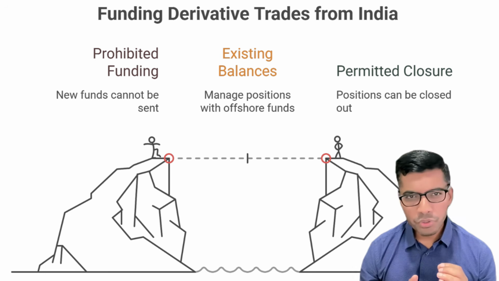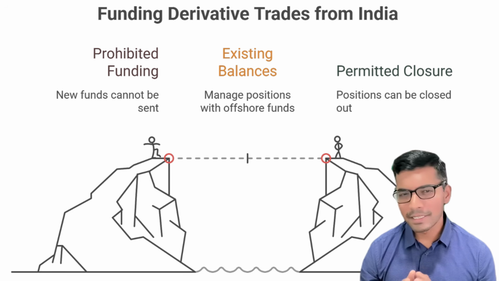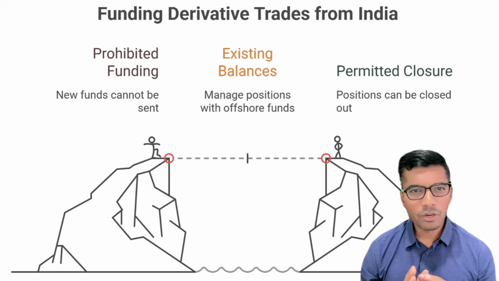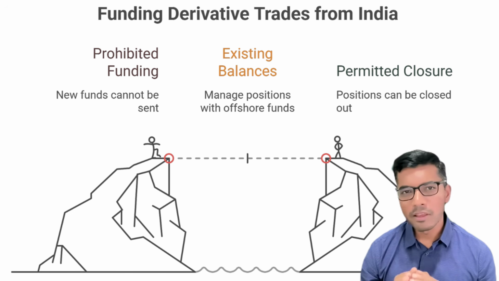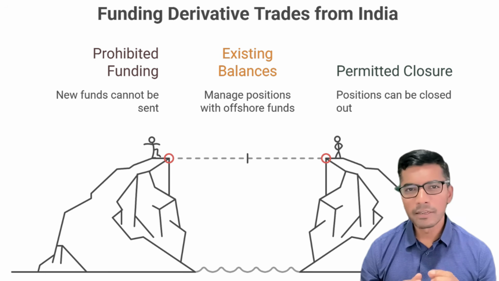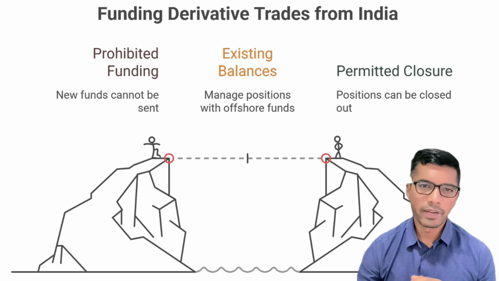You can continue to use your pre-existing offshore balance to manage as well as close out positions, but you can't transfer new money from India to abroad for margins or top-ups. So keep that in mind when you're doing options trading.